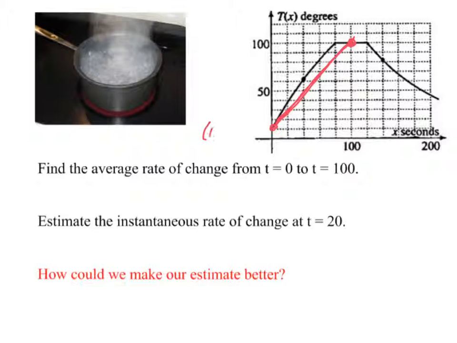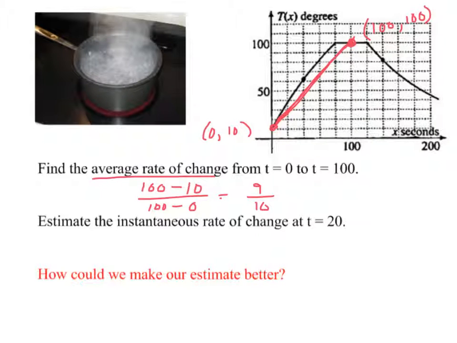We're going to have a point 0, 10, and up here we're going to have the point 100, comma 100. So if I'm thinking of slope, the average rate of change means slope, I've got 100 minus 10 over 100 minus 0. So I've got 90 over 100, or 9/10.